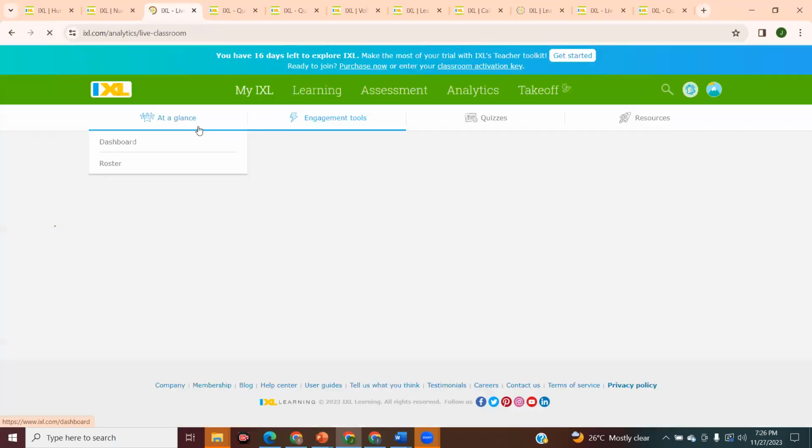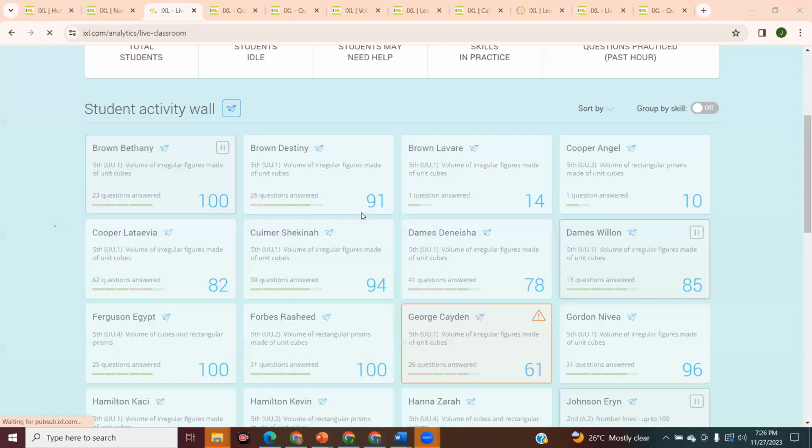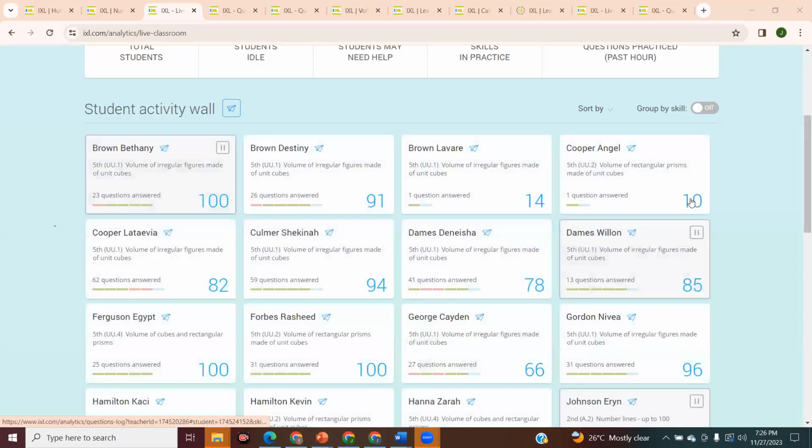Yes, sir. How is your smart score 91 and this thing says Cooper 10? I can send it to you. I don't understand. Mine says I have a 91. Oh, okay. You are in U2? You're in the second one? Yes, sir. I just got on the second one. And I sent you the first one. Okay.